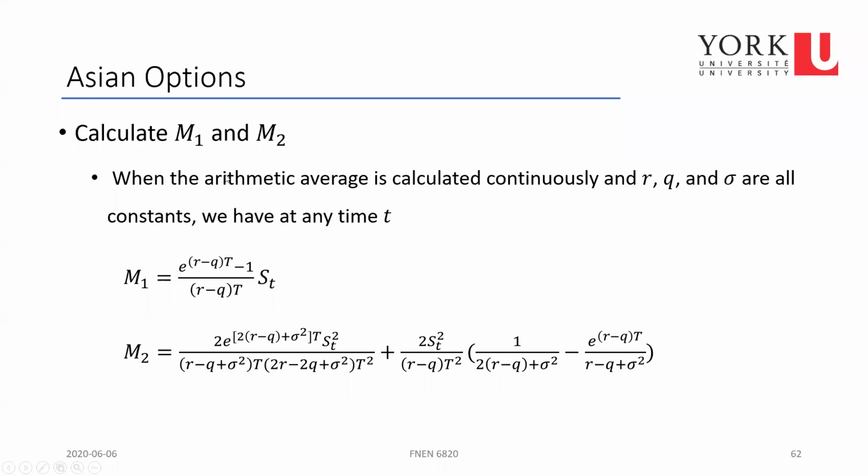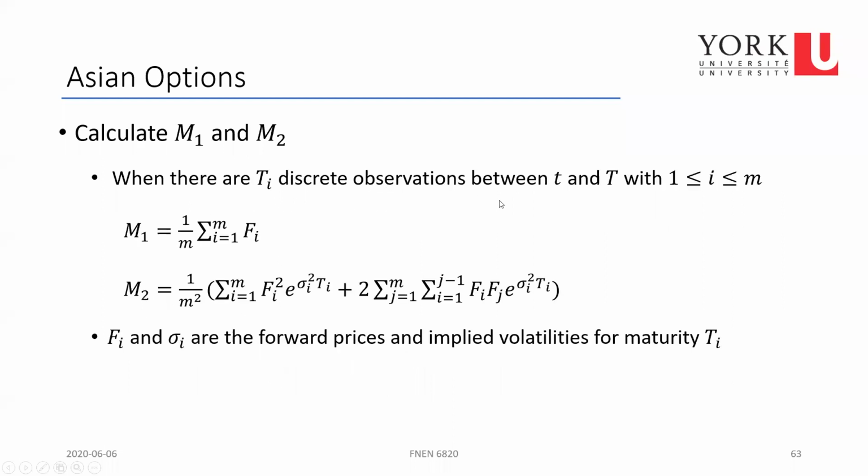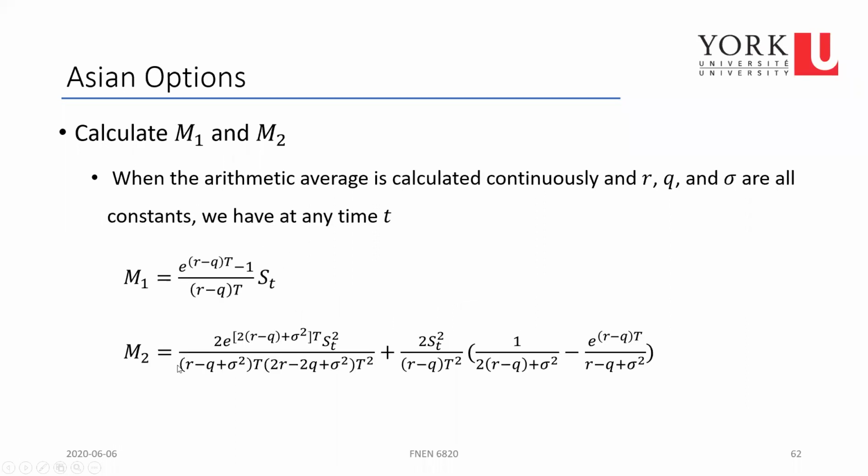However, if the arithmetic average is not calculated continuously, let's say it is calculated over a discrete period of time between little t and big T, for m number of times, then M1 and M2 are just sums rather than this.